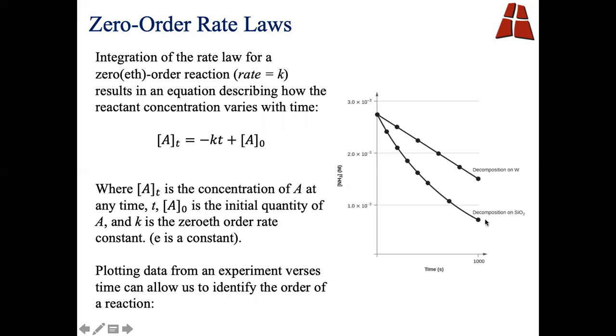Whereas if we're looking at decomposition on SiO2, silicate right there, that would definitely not be zero order. It would probably be first order kinetics. Those are the three integrated rate laws that we'll talk about. And we typically will need to identify these experimentally by plotting the data. That's generally the easiest way to tell.